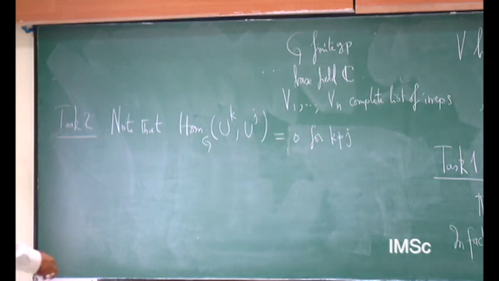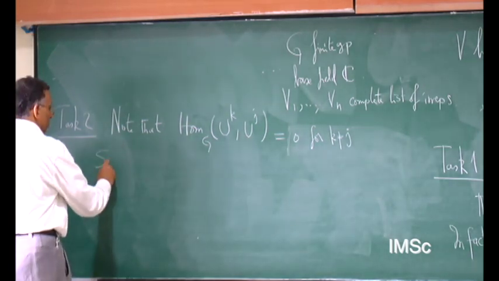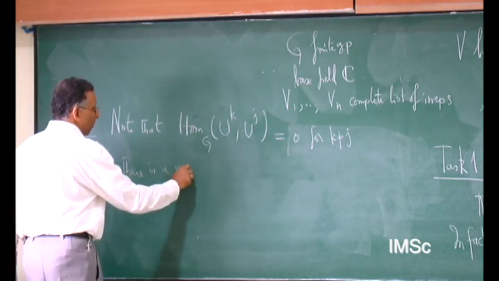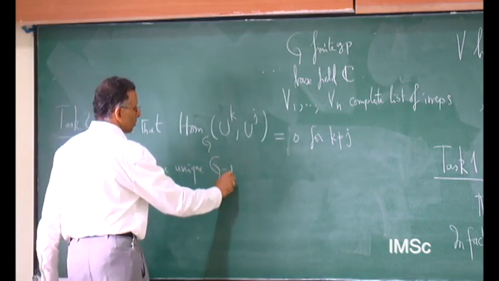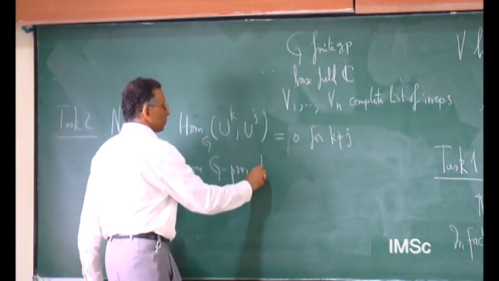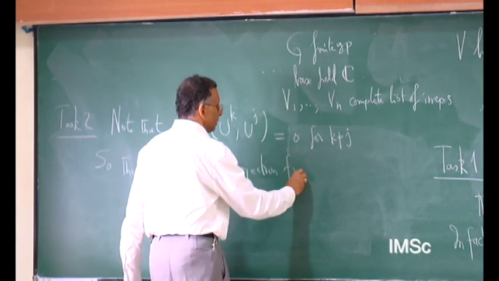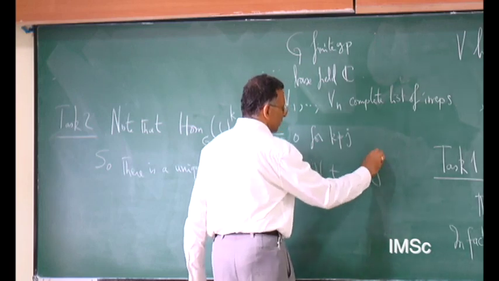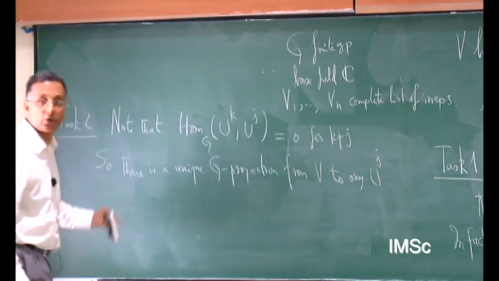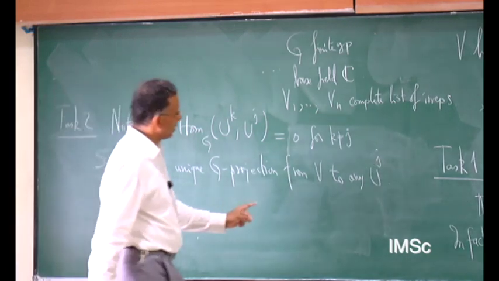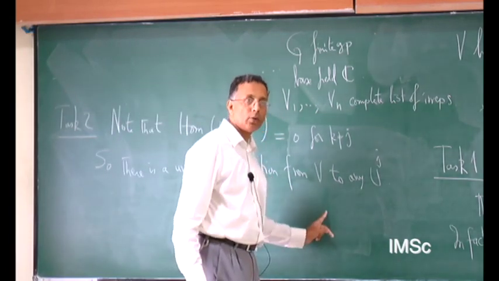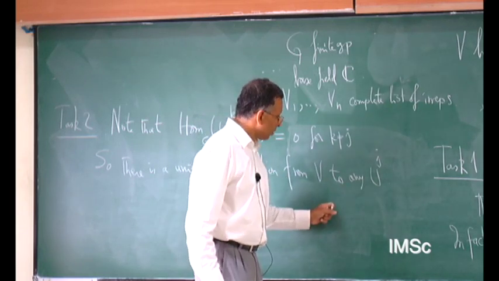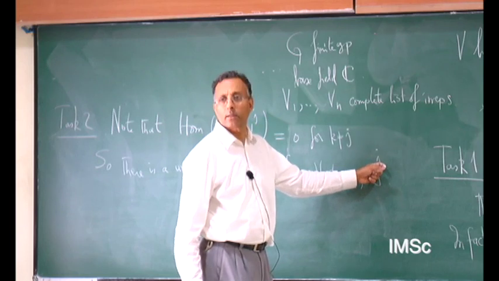So there is a unique G projection from V to any U upper j. What is the reason for this? Here V is equal to U1, U2, U3, etc. Let's say j is 1.